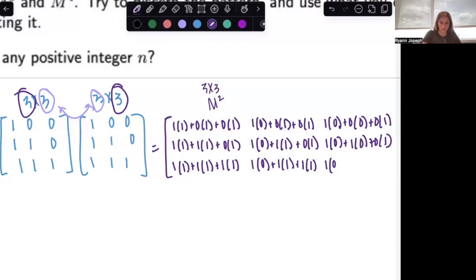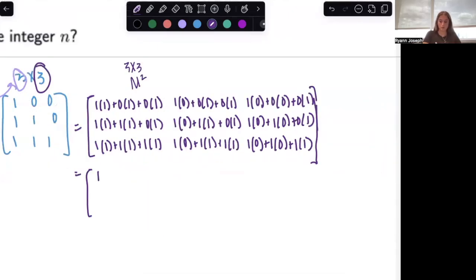Third row times third column. Okay, and when you compute this out, we get 1, 0, 0, 2, 1, 0, 3, 2, 1. That's m squared.